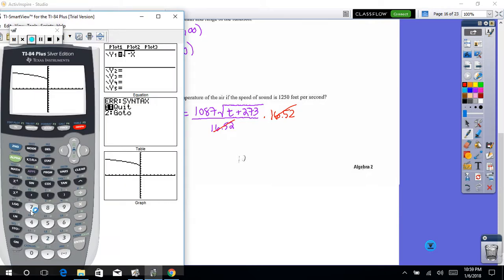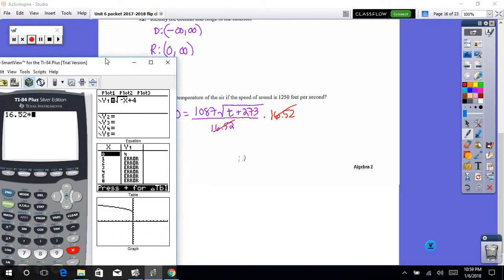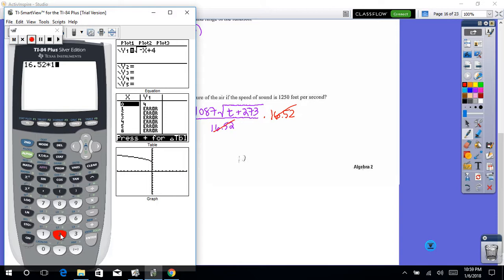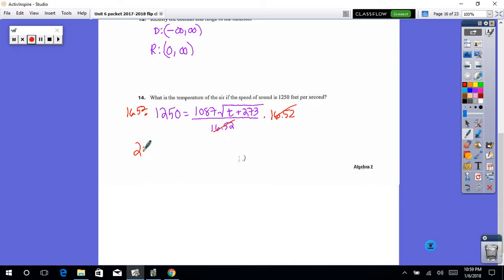Okay, so that's 16.52 times 1250. And that gives us 20,650. And that equals what we have left over here.